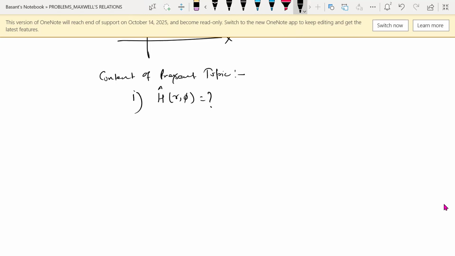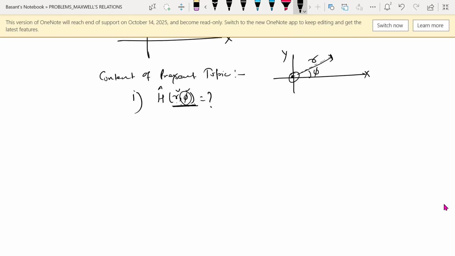So first we know how we can write the Hamiltonian operator in plane polar coordinate form, and the coordinates are r and phi, where r represents the distance from the center and phi represents the angle of the radial vector with the x-axis.